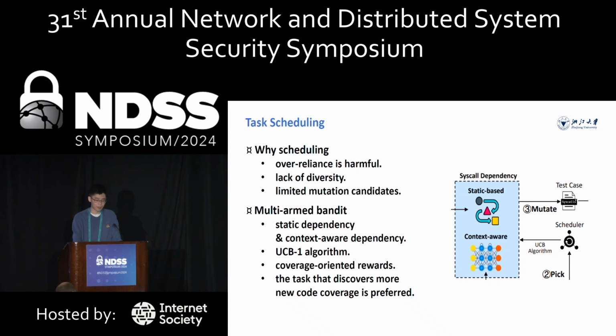To address the challenge, Mock employs a scheduling mechanism based on the multi-armed bandit algorithm. During the testing process, Mock will record the timestamp, the number of selections for each mutation strategy, and the number of new code coverage discovered.